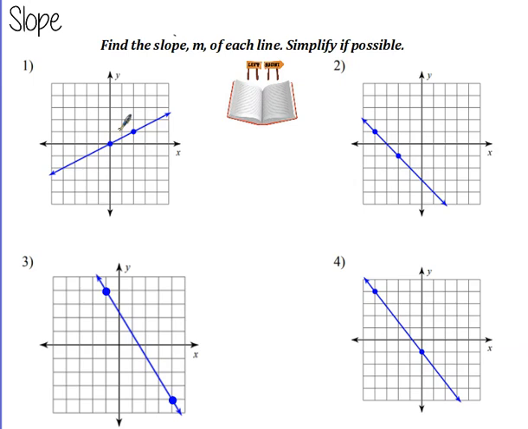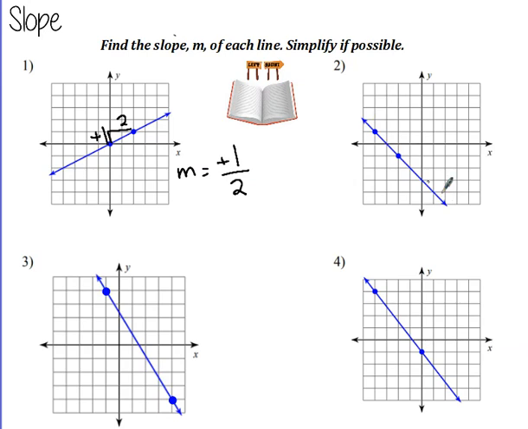In this first example, I see the points. I can count that it goes up 1 and runs 2. So I can say that this goes up 1 over 2. This has a slope of positive 1/2.